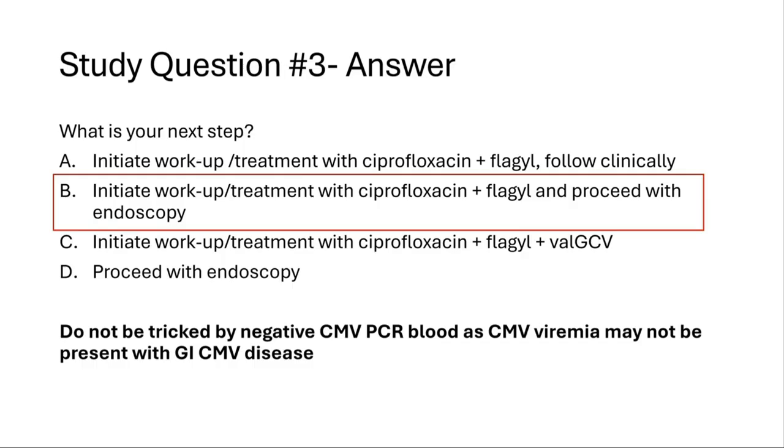And in the stem, it tells you that the patient has had diarrhea for up to 6 days. So valganciclovir would not be the right choice because you would be concerned about absorption. If you have concerns for significant GI CMV disease, your choice would be intravenous ganciclovir if it was among the choices.